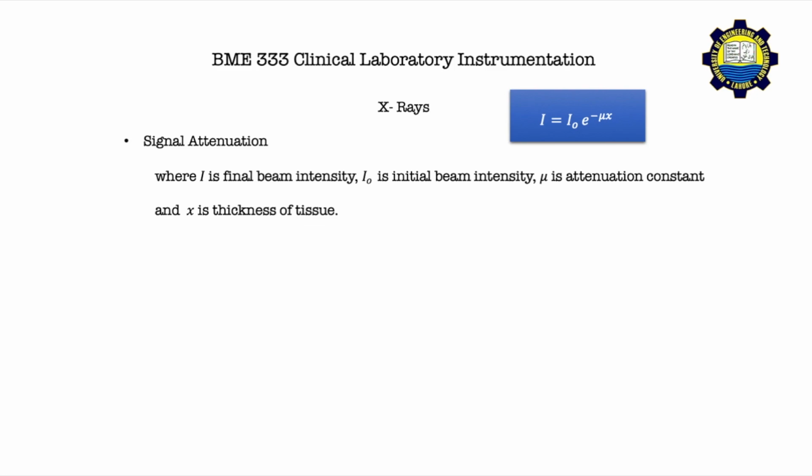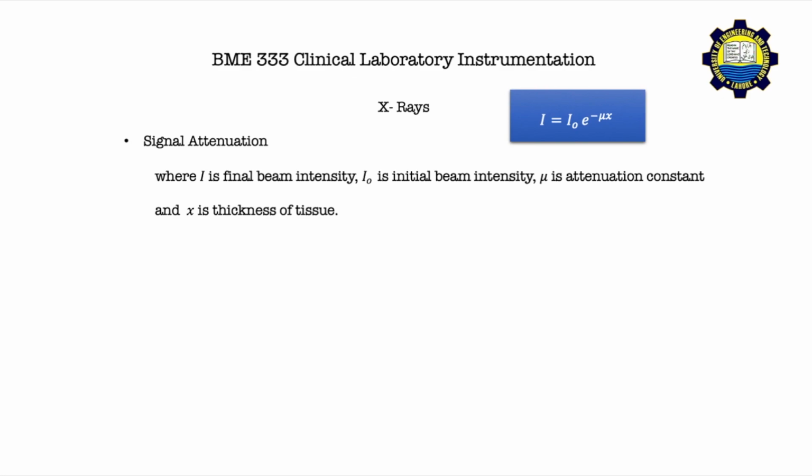Right, so on to the signal attenuation part, and this is what happens when the X-ray beam is in the medium, and it follows this equation I is equal to I naught e to the power minus mu x, where I is the final beam intensity, I naught is the initial beam intensity that's incident towards the subject, mu is the attenuation constant.